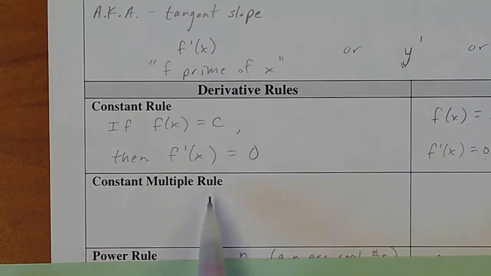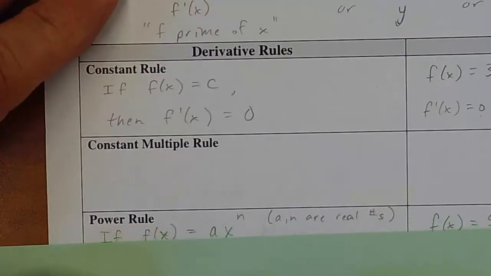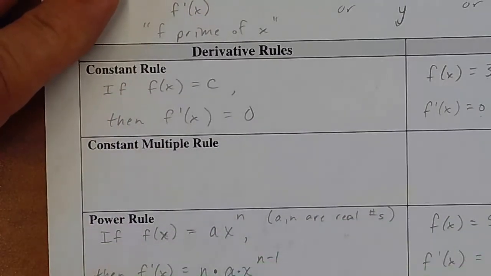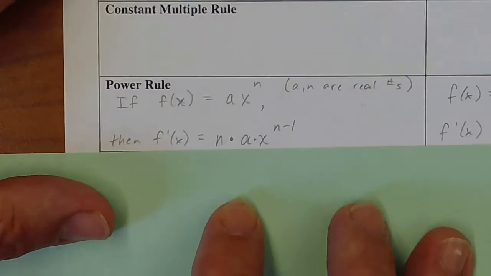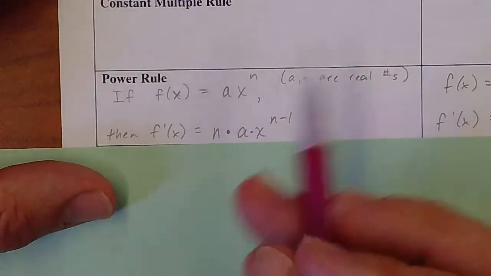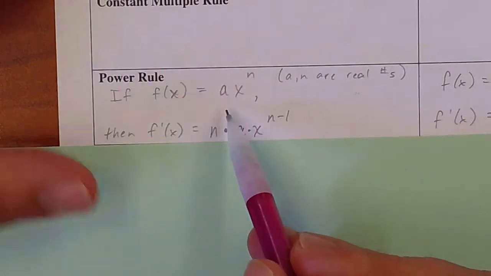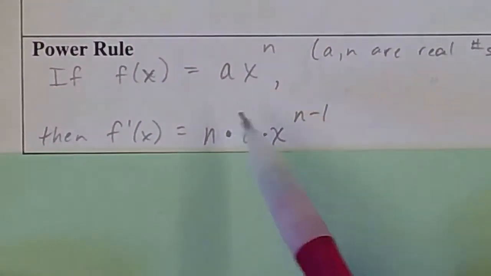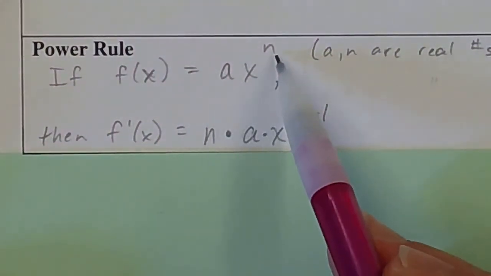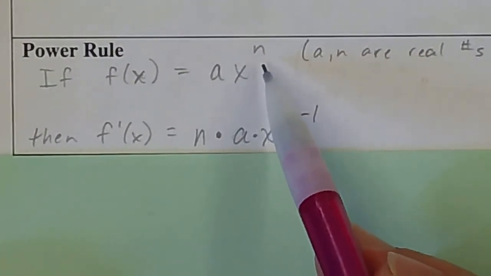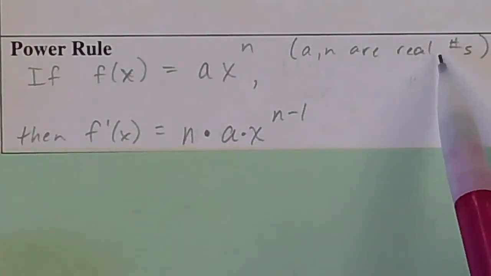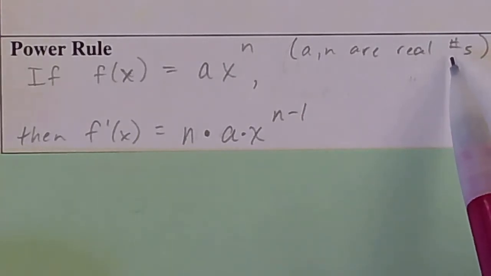We don't really need the constant multiple rule because the power rule takes care of it, so we're going to focus on the power rule. Here's what the power rule says, and this is the big shortcut for derivatives. Write this down: if f of x equals a times x to the n, where a and n are real numbers, which they will be for most of the problems we're presented with.